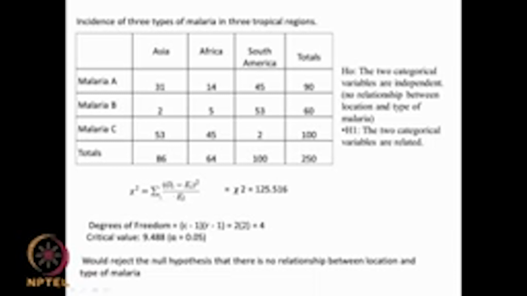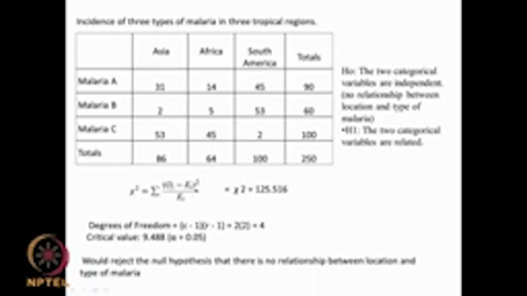This is called the Yates correction, where you calculate expected minus observed, then subtract 0.5 from that. After that you square it and then divide by the expected, and the rest is all the same. Normally we have observed minus expected squared, or expected minus observed squared, divided by expected.